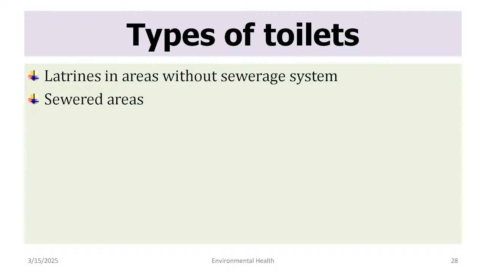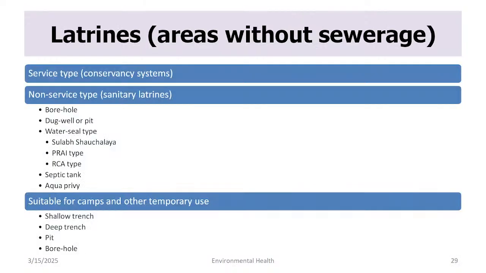I'll just simply show you. You can simply realize. So without a sewerage system, it's not working. Service type, the most dreaded inhuman humiliating method, which was present, I think 3, 4, 5 decades back, when somebody had to carry that.